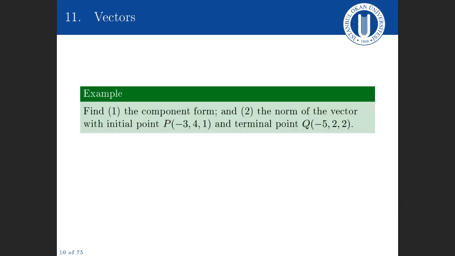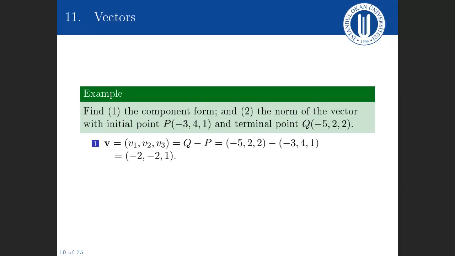For example, find the component form and the norm of the vector with initial point -3, 4, 1 and terminal point -5, 2, 2. First of all, to find the component form, we do terminal point minus initial point.